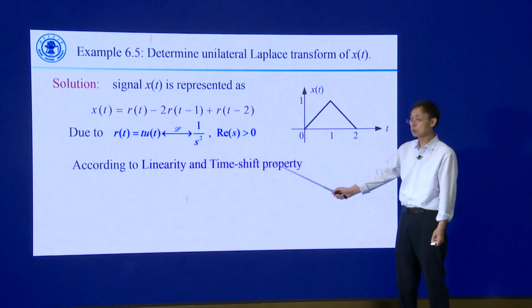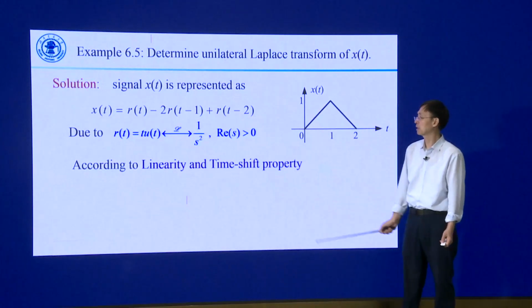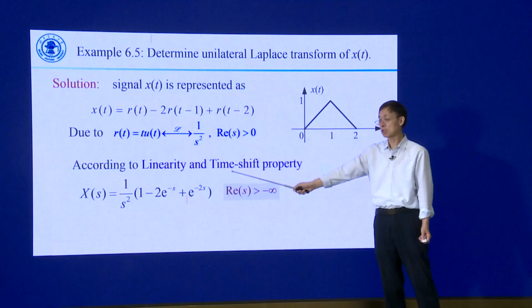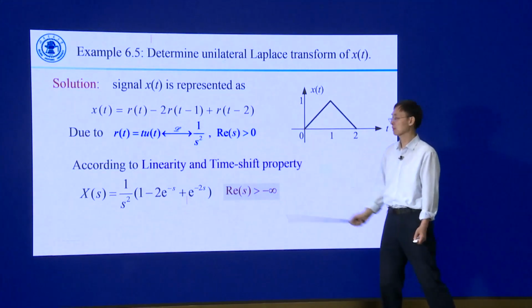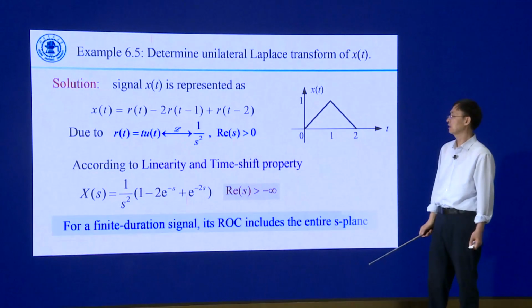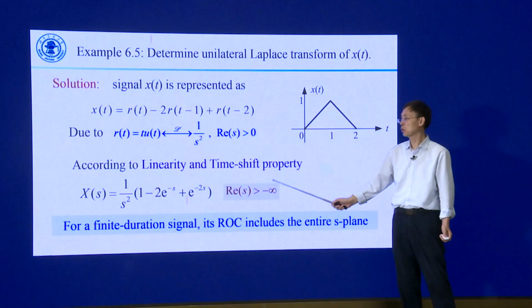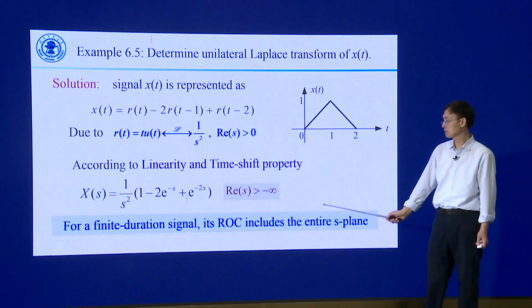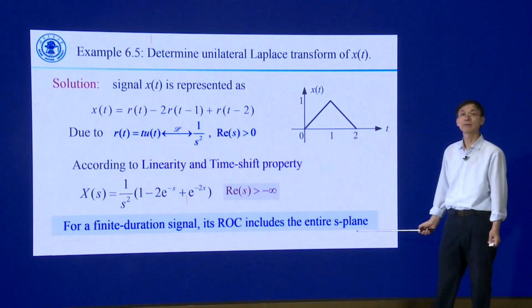So according to linearity and the time shift property, we can get the unilateral Laplace transform for this signal. Similarly, this signal is a finite duration signal. Its region of convergence includes the entire S-plane.